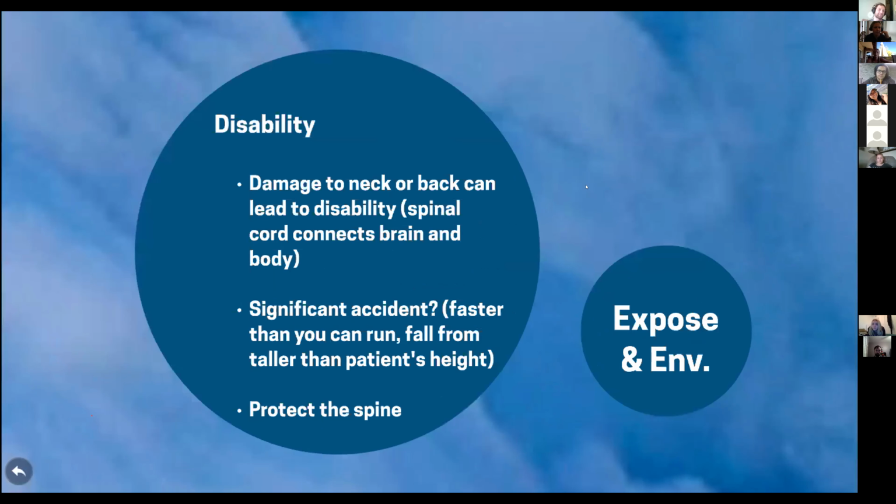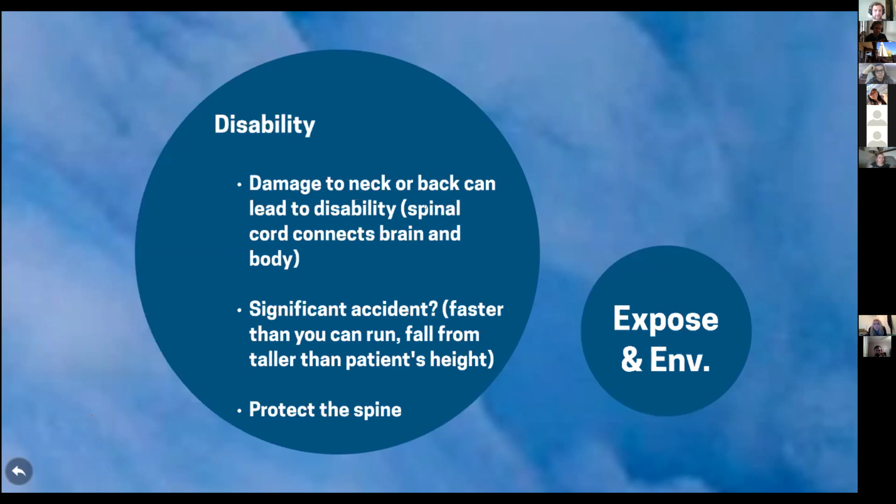So airway, breathing, circulation. Let's move on to disability. And again, we're not talking about any sort of other disabilities aside from possible damage to the neck or back, which can lead to disability. Like I was saying, that spinal cord, which is protected by your vertebral column, if it's damaged, that leads to an inability of electrical signals to move from your brain to your body.